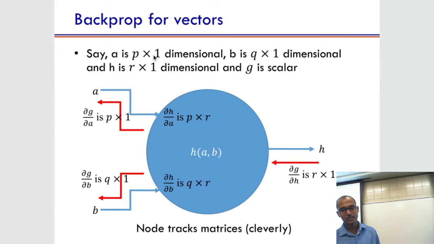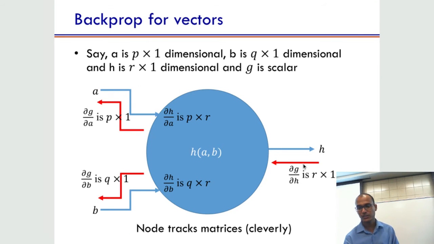Let's say a is a p cross one dimensional vector, and b is a q cross one dimensional vector. The dimensionality of h is the same as the incoming gradient, so if the incoming gradient is 5 dimensional, then h has to be a 5 dimensional output.